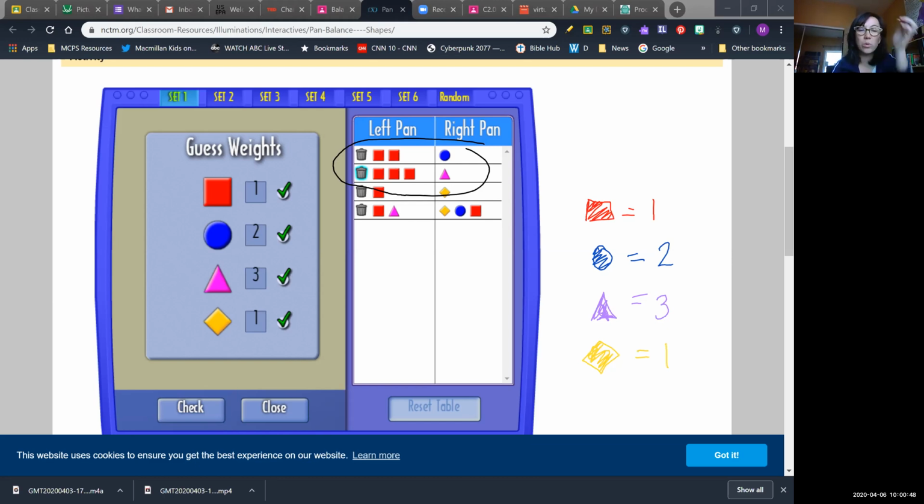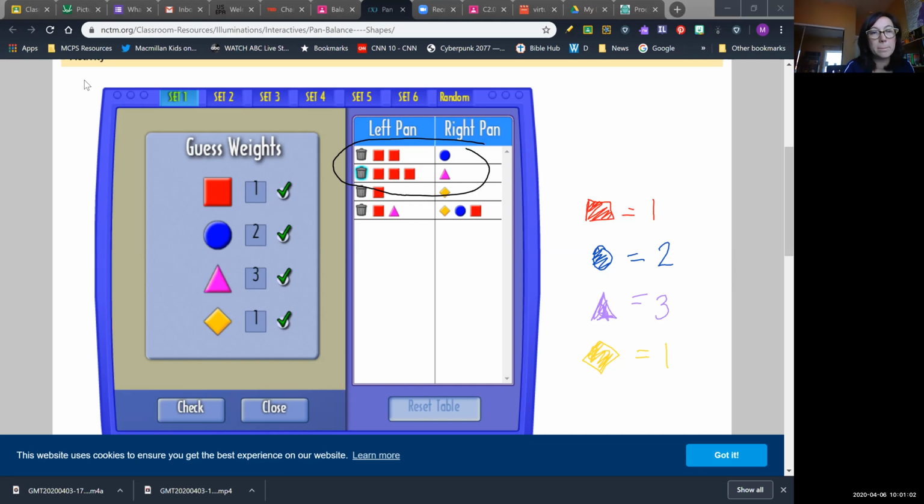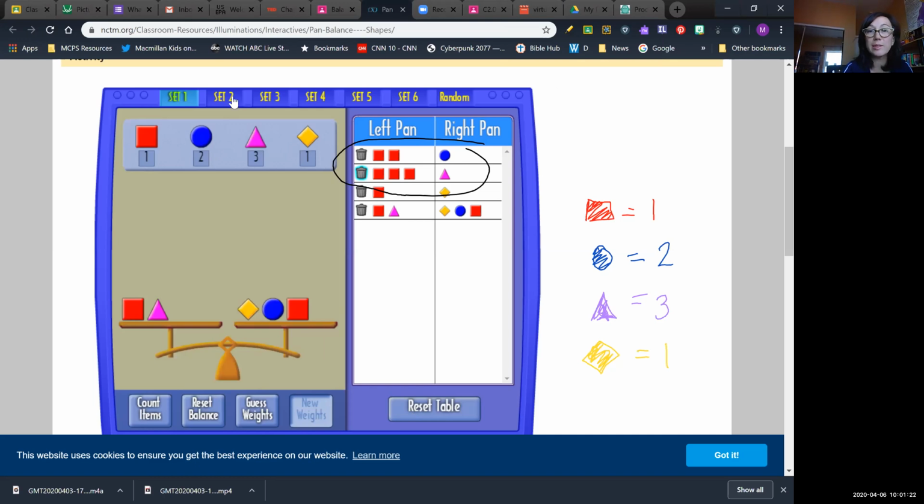I have a snipping tool that I use on my computer. You can go ahead and take a picture. And then when you go to submit your assignment, you can attach that. Go ahead and close it. And then you can go on to the next set.